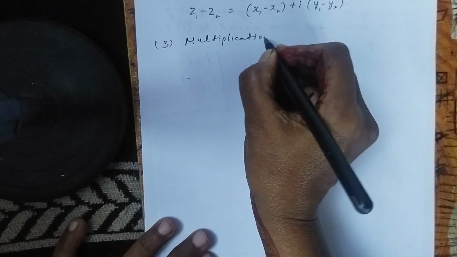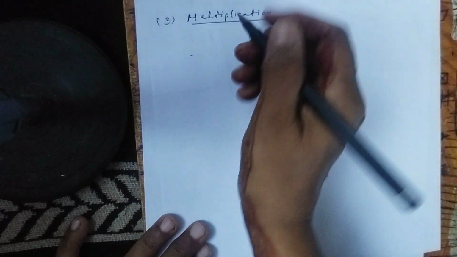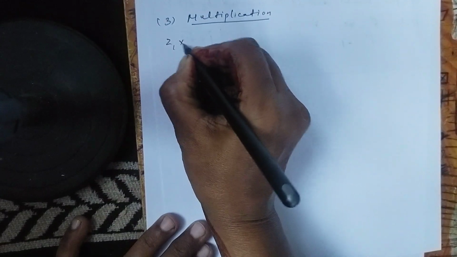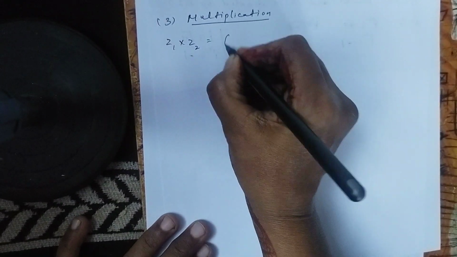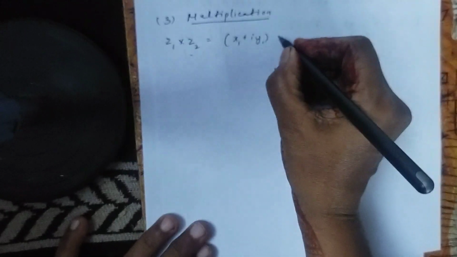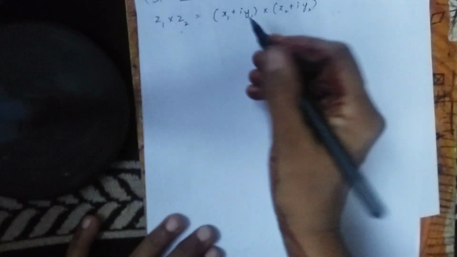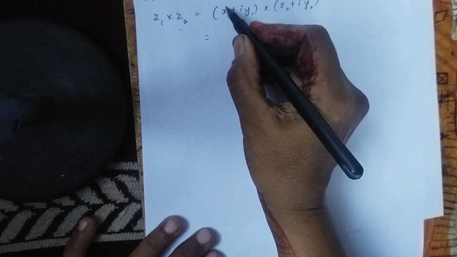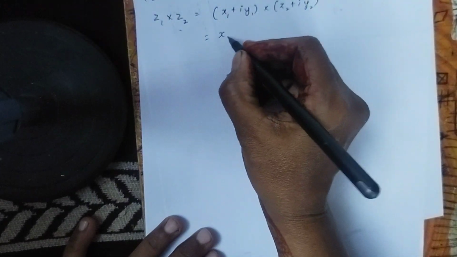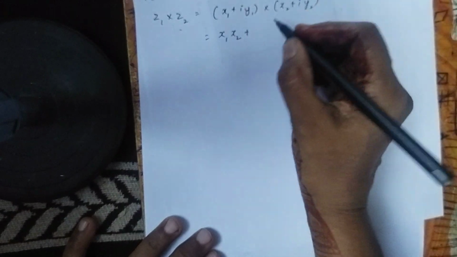Multiplication of complex numbers. Okay, z1 × z2 means (x1 + iy1)(x2 + iy2). How do you multiply this? Just write like this.